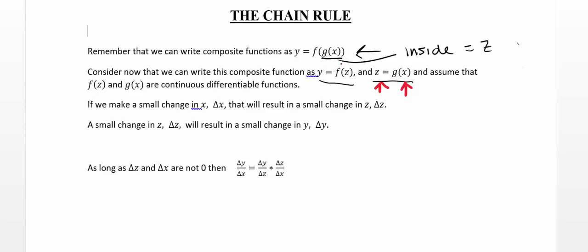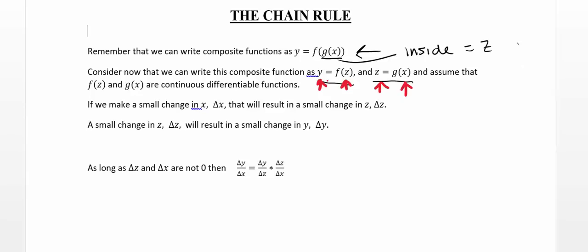Now also, a small change in z will result in a small change in y. So again, this idea that these small changes impact the dependent variable in a small way is one of the properties of continuous functions.